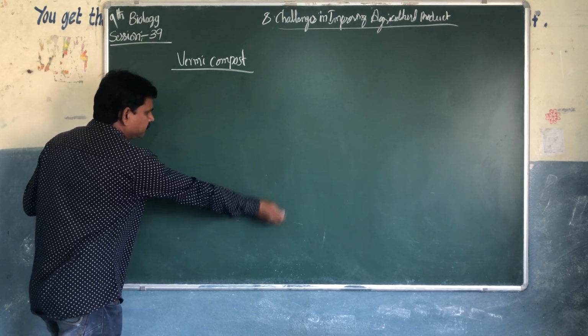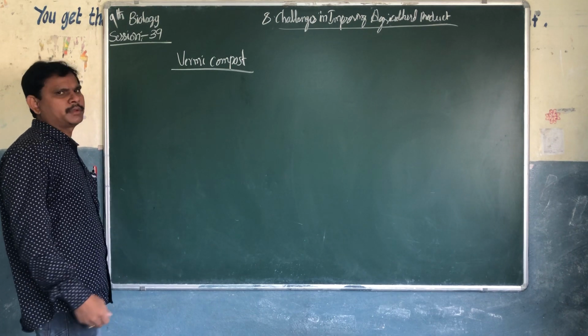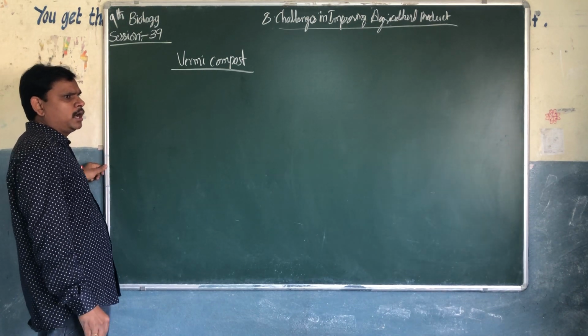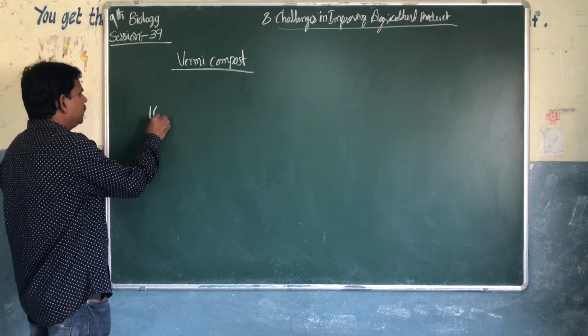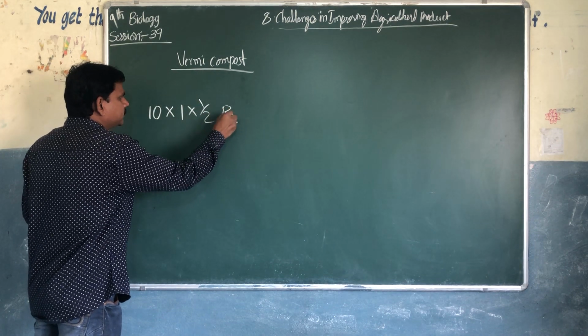They made some beds specifically for the vermicompost, of size 10 by 1 by half.